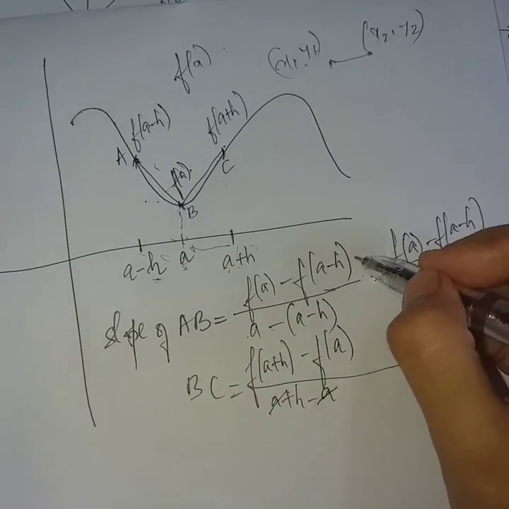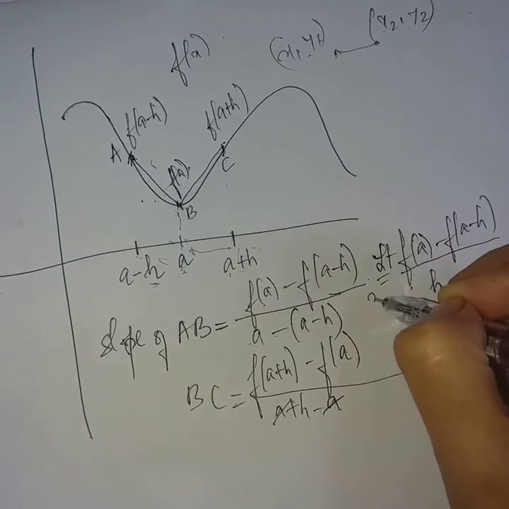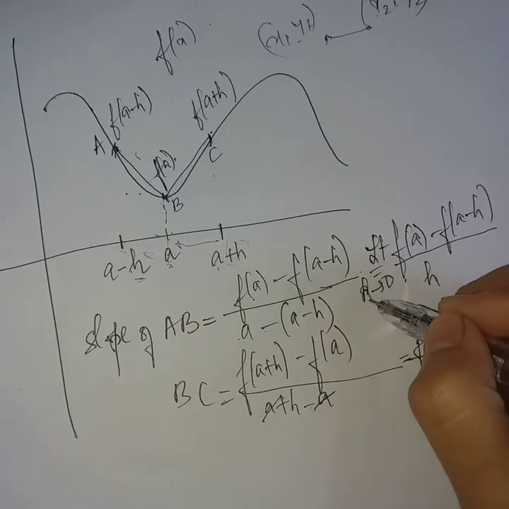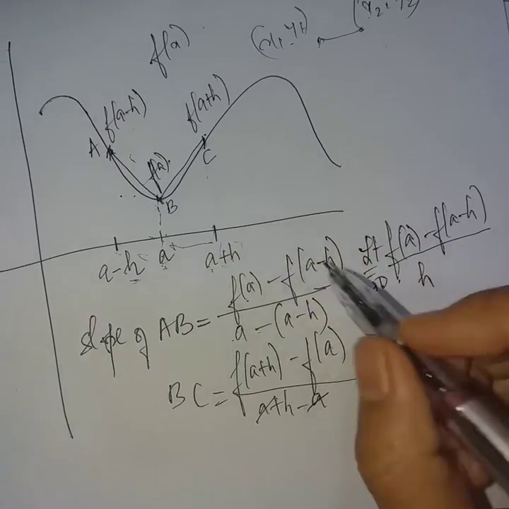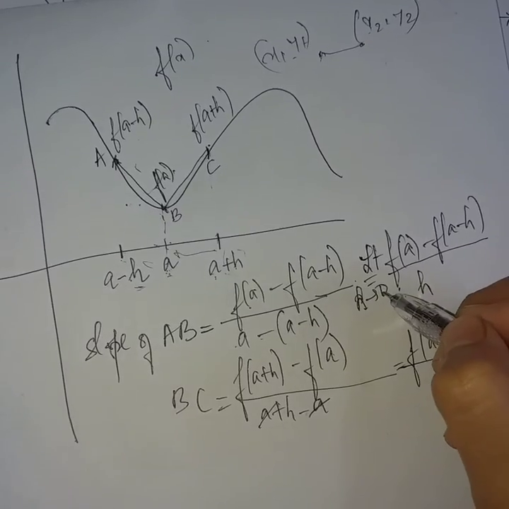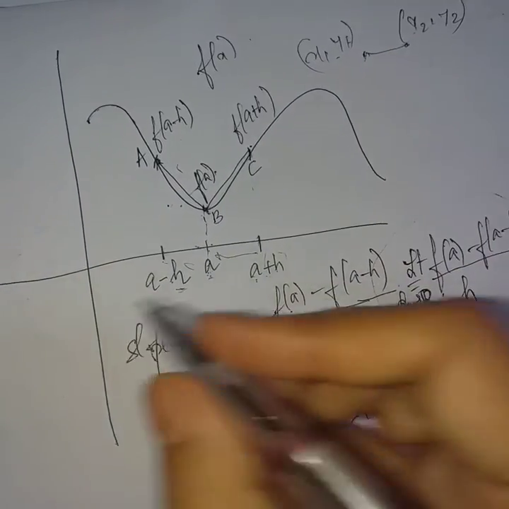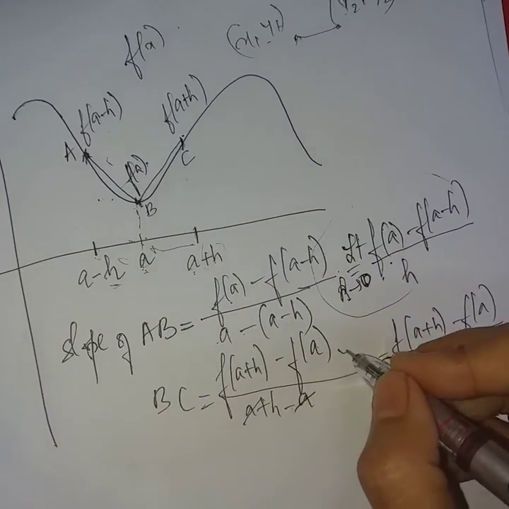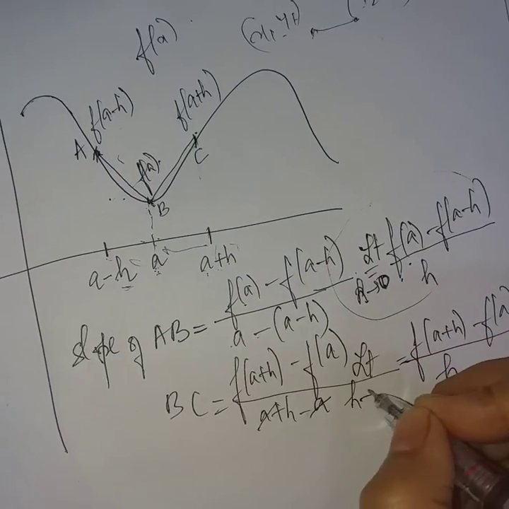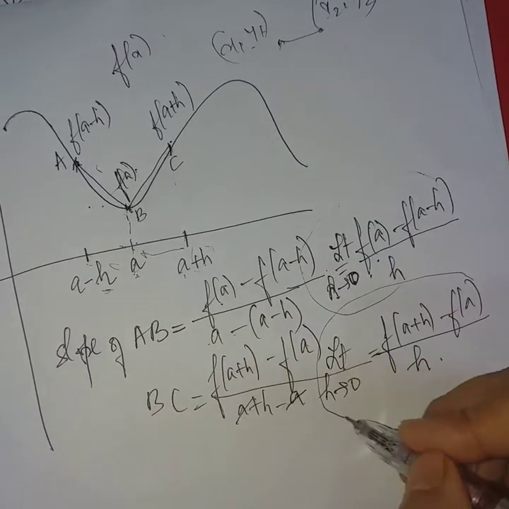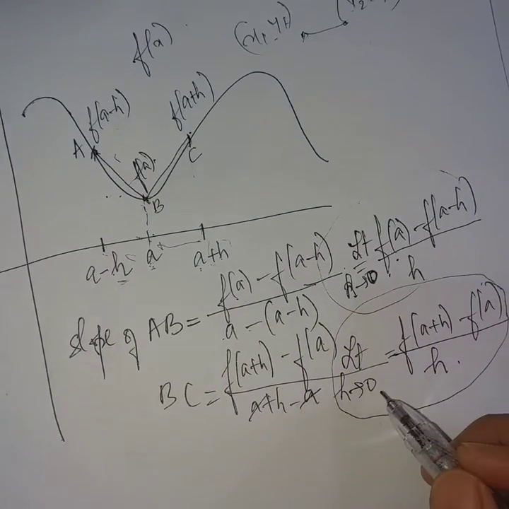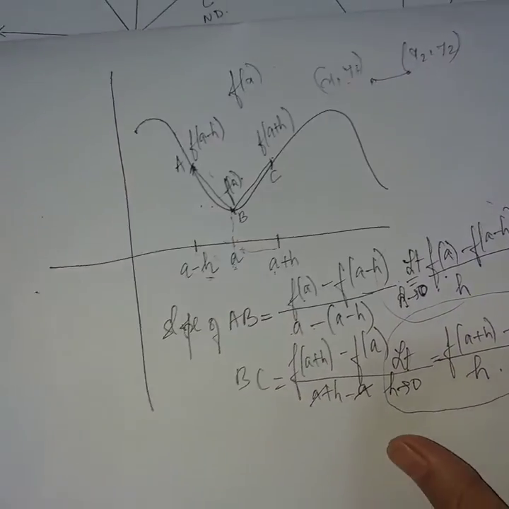Now if we put a limit on these slopes, limit of h tends to 0, it means as h becomes very close to 0, this expression is called the left hand derivative, and this one, as h tends to 0, is called the right hand derivative.